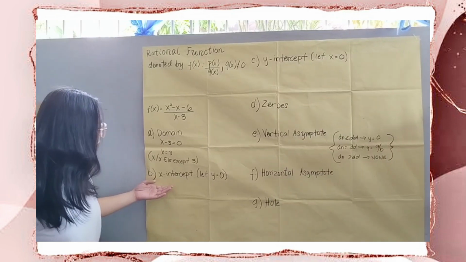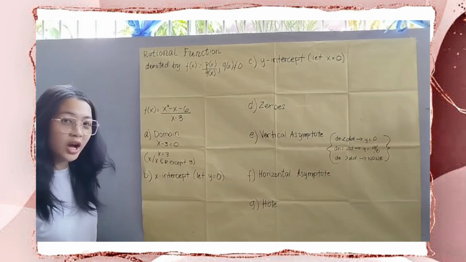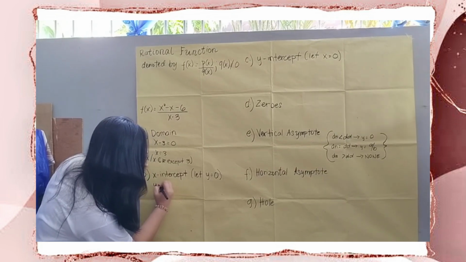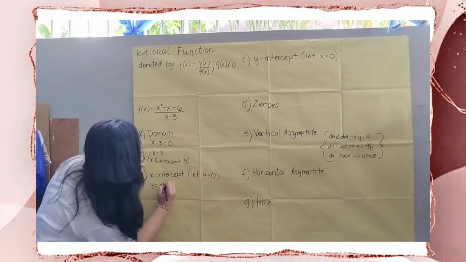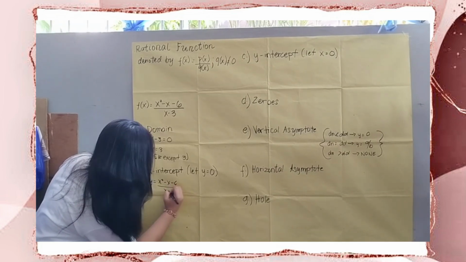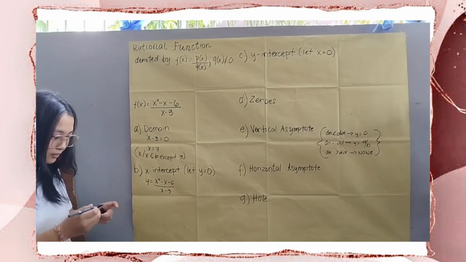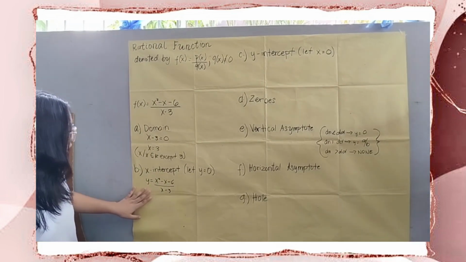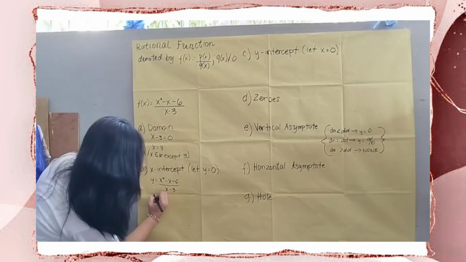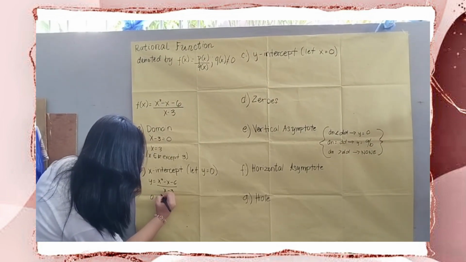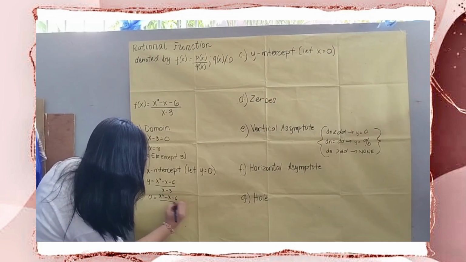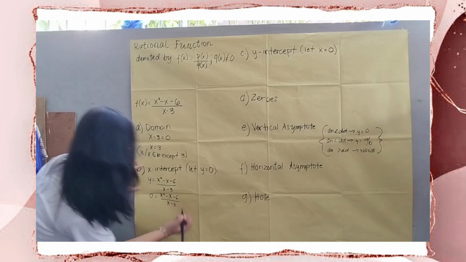Next na natin hanapin ay ang x-intercept. Pag hinanap natin ang x-intercept, let y is equal to 0. So, solve natin. y is equal to x squared minus x minus 6 all over x minus 3. Then, para maging 0 yung y natin, 0 is equal to x squared minus x minus 6 all over x minus 3.